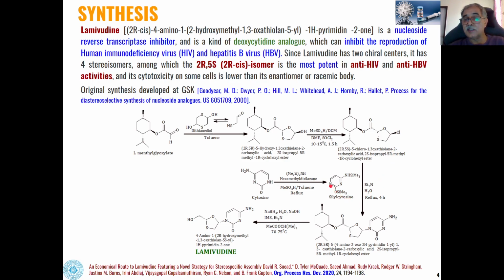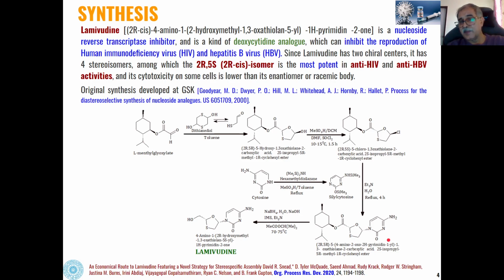So basically, this nitrogen will act as a nucleophile and attack this carbon, and the halogen will be removed, and we will get this type of pyrimidine 1,3-oxathiolane derivative.